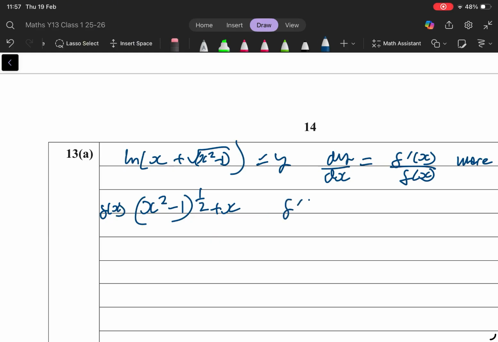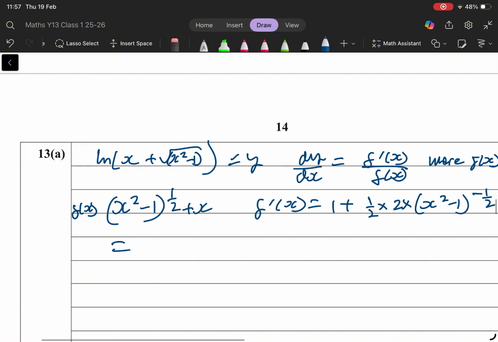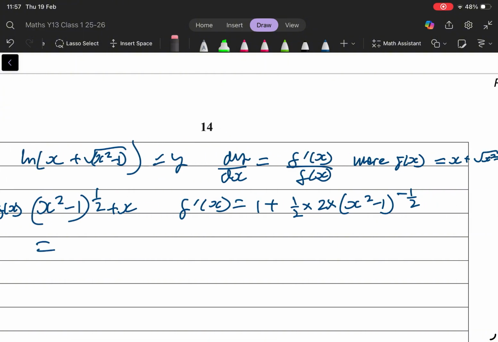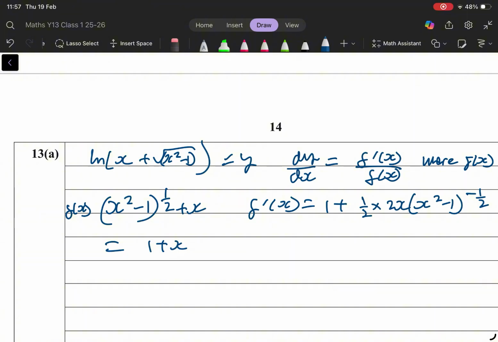Well, f prime of x equals 1 plus a half times 2x, x squared minus 1 to the minus a half, which equals 1 plus x over the square root of x squared minus 1.